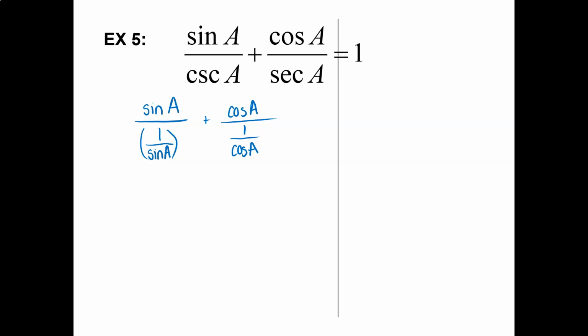So I'm going to divide these fractions: sine A times sine A over 1, just flipping that second and multiplying. And then I've got cosine A times cosine A over 1.